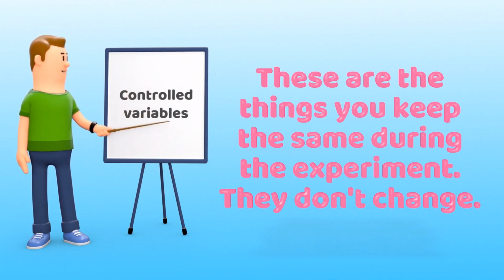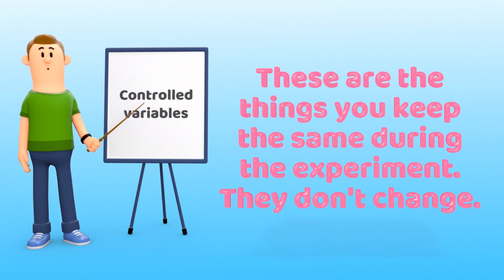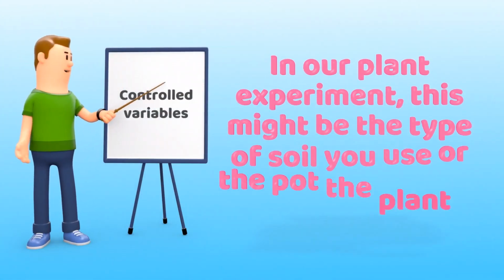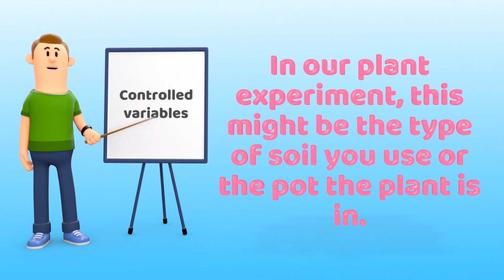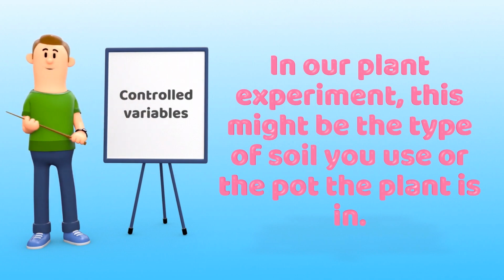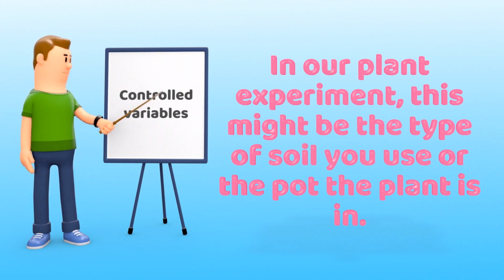What are they? These are the factors you keep the same or constant during the experiment. They don't change. In our plant experiment, controlled variables might be things like the type of soil you use or the pot the plant is in.